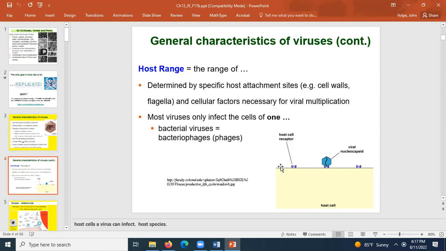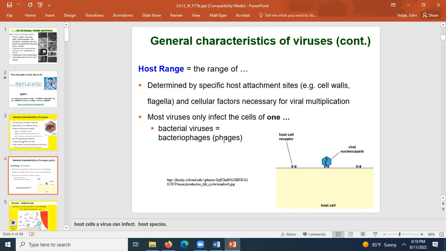Like HIV can only infect human cells and one chimpanzee. So very specific. And in fact, it doesn't infect all human cells. I don't know how many human cells it can infect, but it doesn't infect, for example, your nose cell or your skin cell, or your bone cell, but it can infect your T cells.